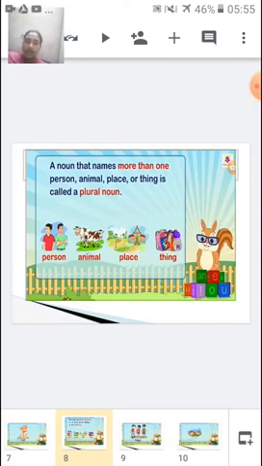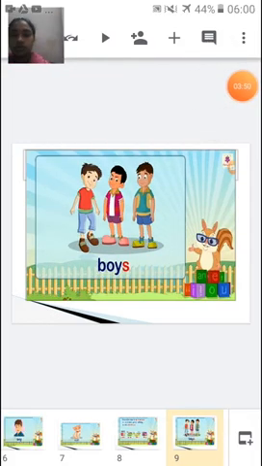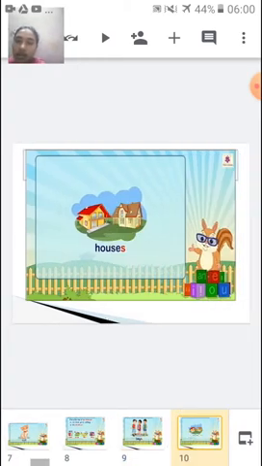Let us see the examples of plural noun. So can you see three boys there? Yes. So it is a plural noun. They are the plural form of boy. Okay. And here houses. This is the plural form of house. Okay.